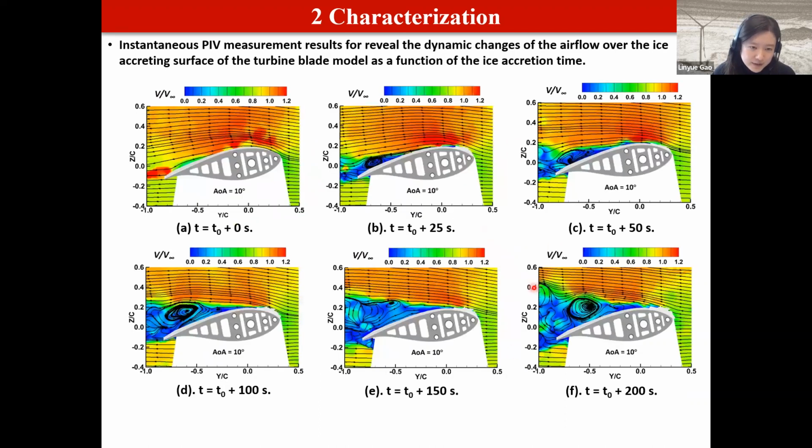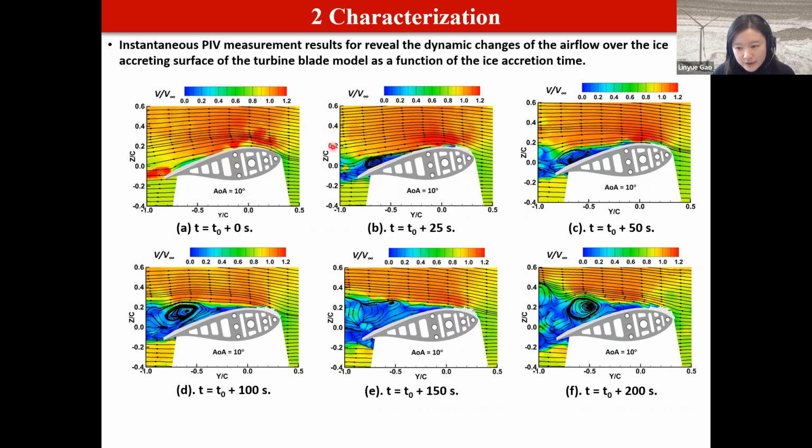Here are the results for the PIV measurements. As you can see, this one is the airfoil, and we have the flow around this airfoil. Before starting the ice accretion process, the incoming flow was found to conform well to the streamline profile of the wind turbine blade model when the test model was mounted at an angle of attack of 10 degrees.